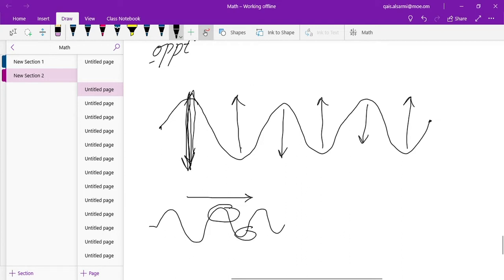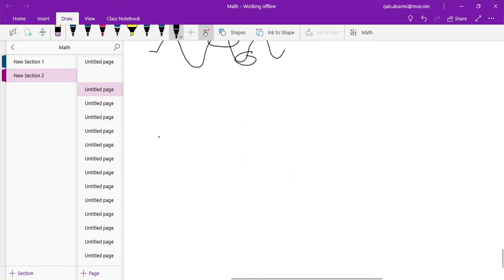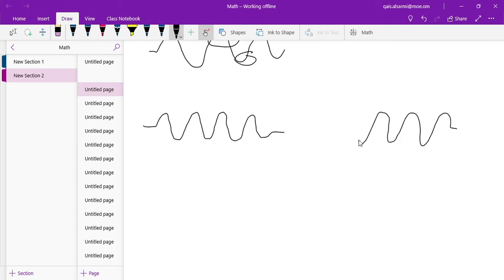The reason why these crests and troughs are just moving up and down can be explained this way. See, in a string, these two waves, when they were traveling, and suppose there is another wave which is traveling in the other direction, at different points, when crest meets crest, they are going to increase the amplitude of the string.